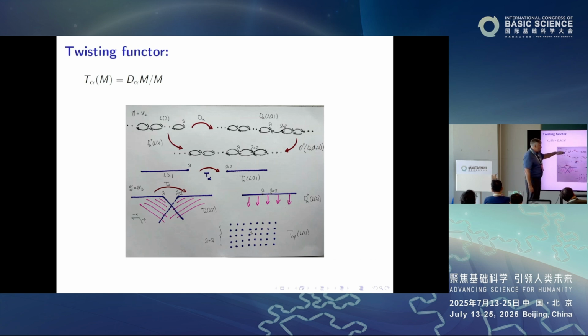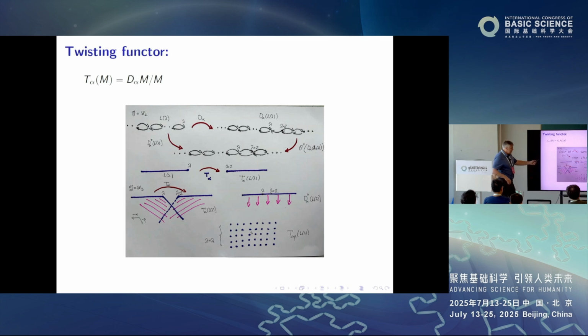That's the story before. Now, this little fellow, if we apply it to L lambda, we get a lowest weight module with lowest weight lambda plus 2. And then you can play with it, twist the action and get back a highest weight module. That's what our Hippo functor does.